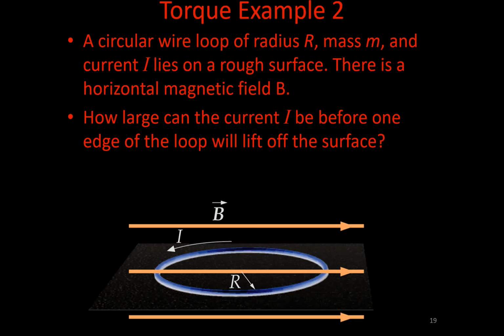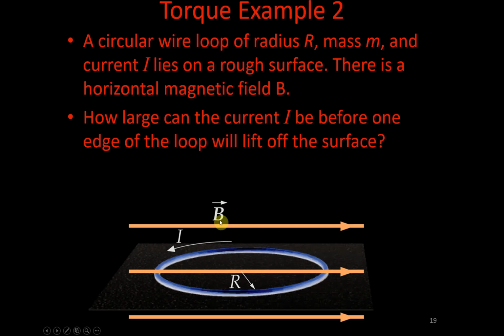So this means we have 2 torques that we have to take into account. And one of the torques we're dealing with, the torque we actually care about, is from this edge of this loop. We're not going about the center here. This is a loop lying down on the ground. So the torque will be inflicted on this edge of the loop, lifting this side.